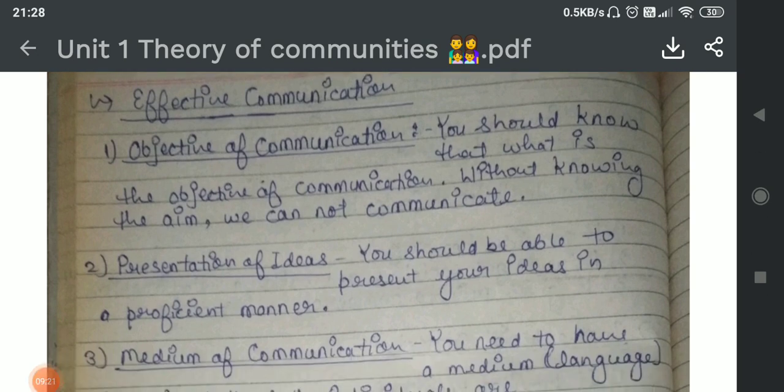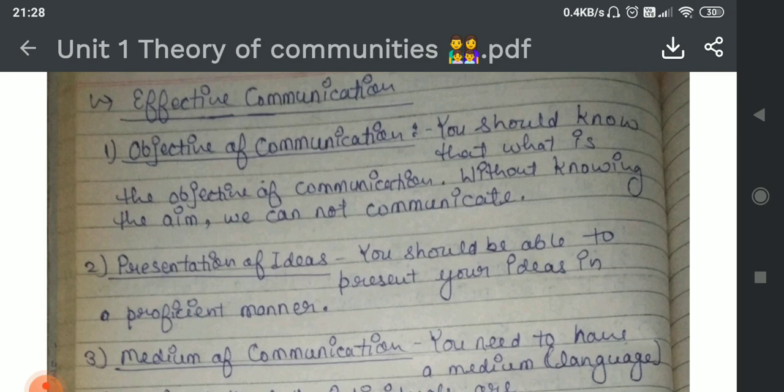Now we will study about effective communication. So effective communication, first one is objective of communication. If you want to make your communication effective, then what are the things that you need to do? First one is the objective of your communication. You should be aware of what the objective of your communication is, because without knowing the aim, you can just not talk anything, right?